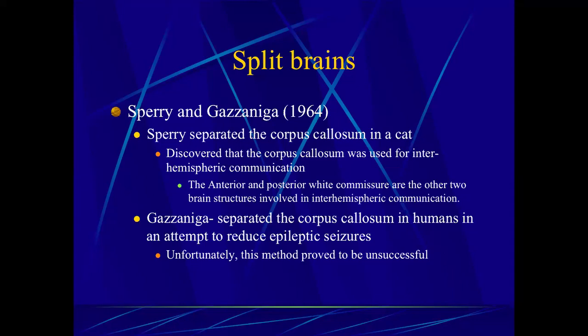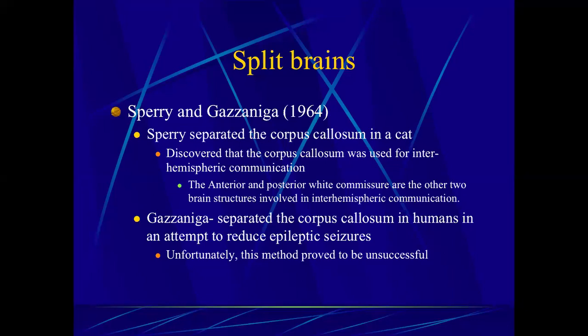But for human beings, Gazzaniga found that it didn't work for seizures, right? So something was happening with cats that wasn't working with human beings, but there were some other issues, right?